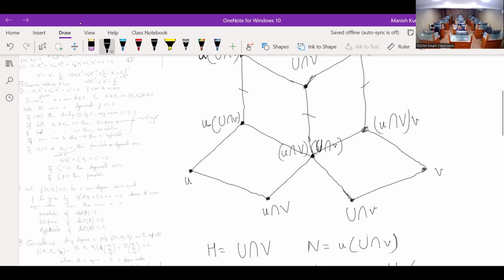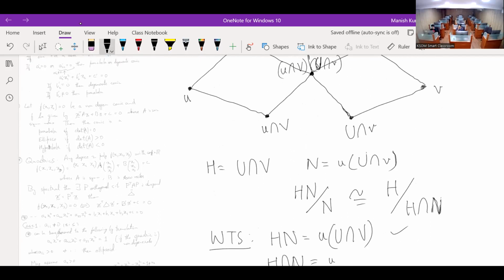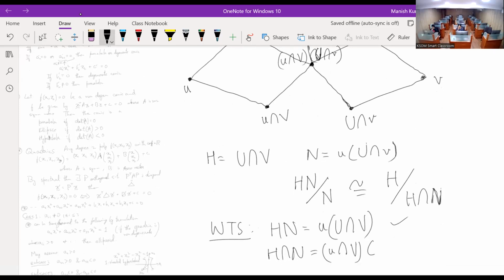So we want to show that H mod H intersection N is isomorphic to this mod this. So we'll have to show that H intersection N is this. So let's just write it down. We want to show H intersection N is the same as U intersection V times capital U intersection small v. This is what we want to show.